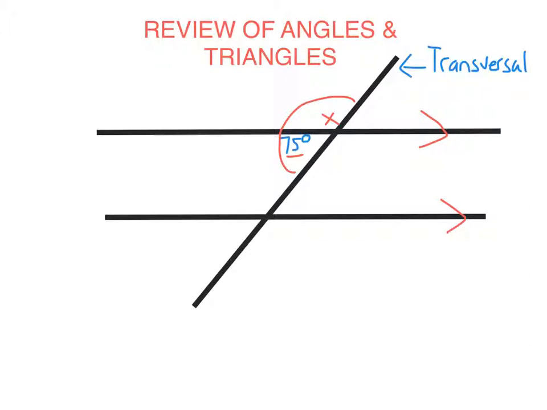That means they add to 180 degrees. So if this angle here is 75 degrees, then the angle I called X must be 180 minus 75, which is 105 degrees. So those angles are called supplementary.